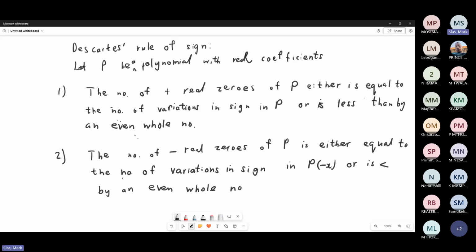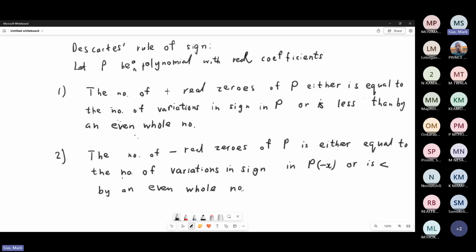So Descartes' rule of signs states, for P, a polynomial function with real coefficients, so those a(n), a1, a0, etc., those are real numbers. And it says the number of positive real zeros. So we know what's a zero. If you substitute that in the place of x, we get p of that number equal to 0.